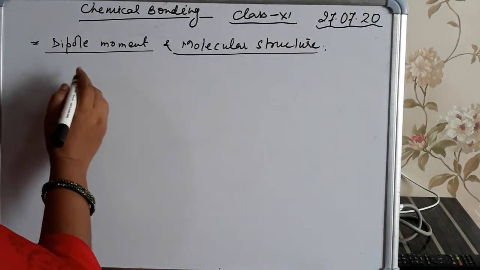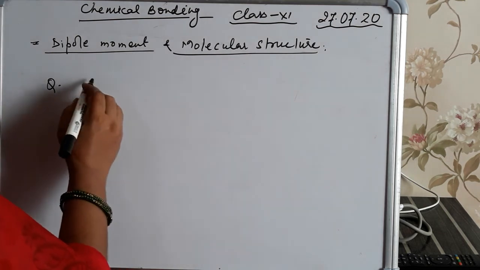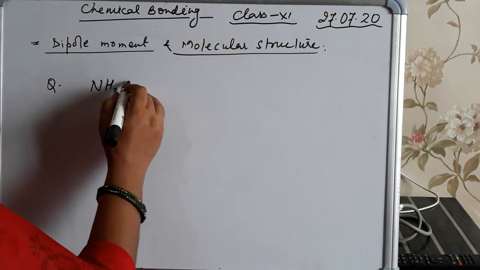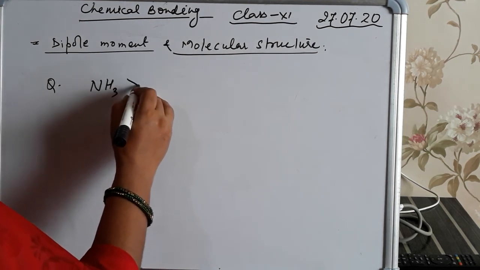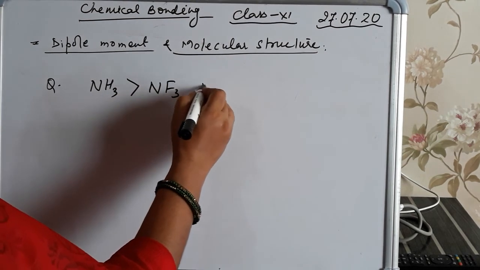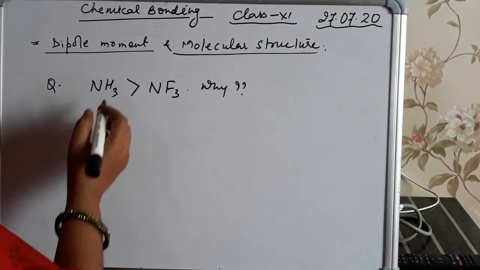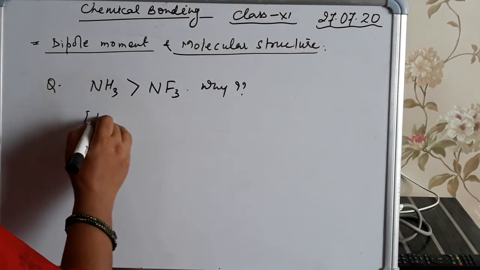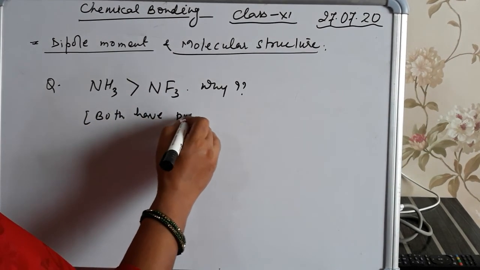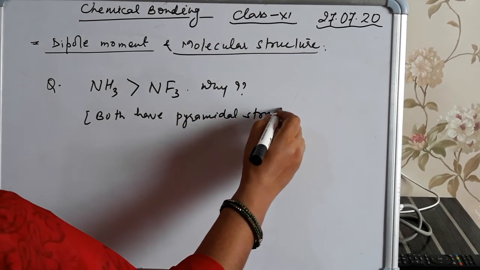For example, if one question is given to you, try to solve. We have the molecule NH3, and we can say that NH3 has greater dipole moment than NF3. Why? This is the first question. As we know, both have a pyramidal structure.